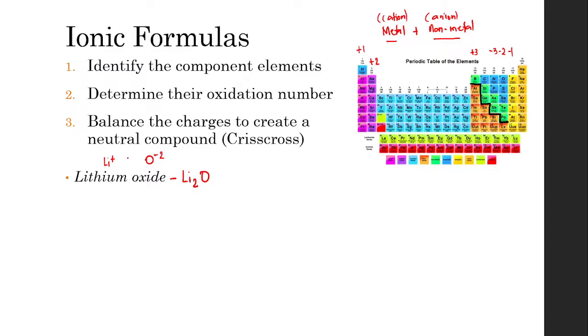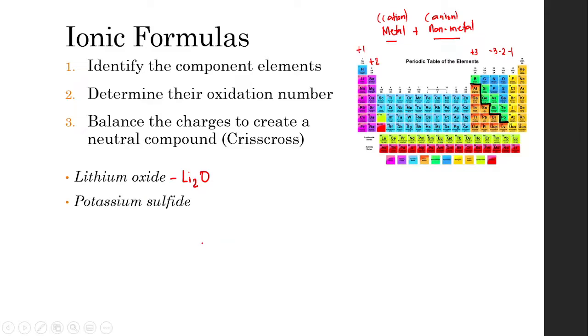What you would notice is these numbers right here, their subscripts, are the crisscross of their charges. So we have 1 lithium, so that will give you 1 right there. We do not need to write 1 because oxygen right there is considered as having a 1, so there's no need to write it. So that is now the ionic formula for lithium oxide.